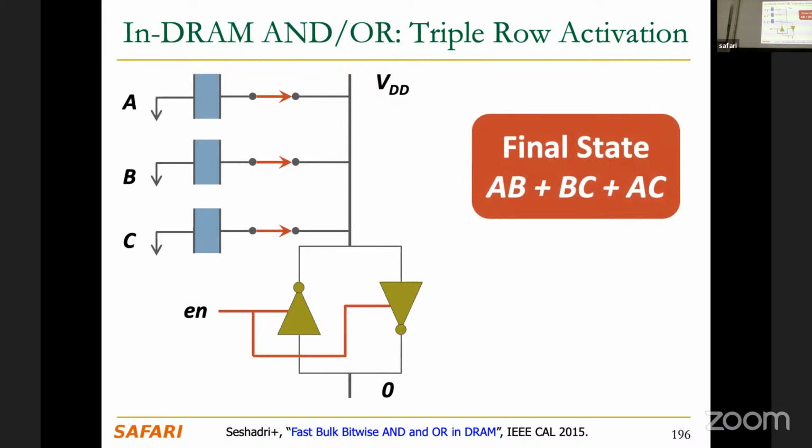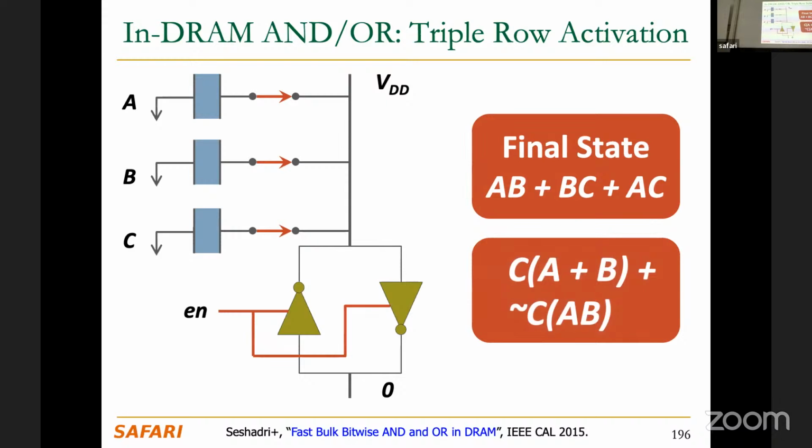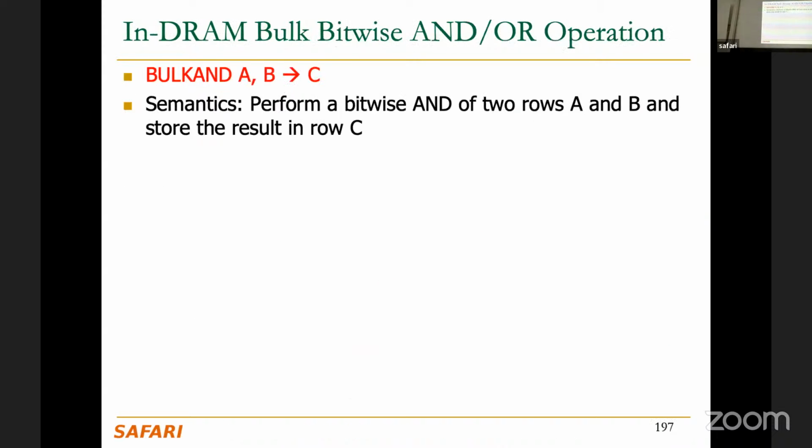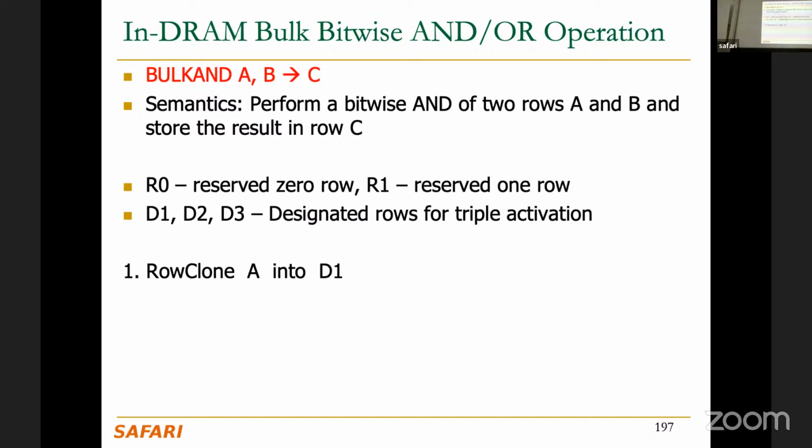So basically, the final state that we have after this triple activation is AB + BC + AC, which, by controlling one of those rows, the control row C, we can use to do either A AND B, or A OR B. We call those operations bulk bitwise operations. The semantics is that we perform those bitwise AND and OR operations on 2 rows and store the result in a third row.